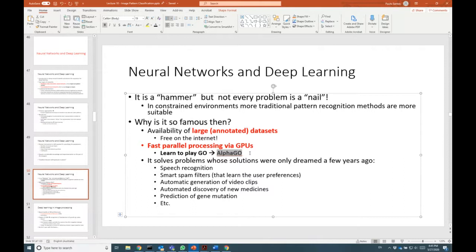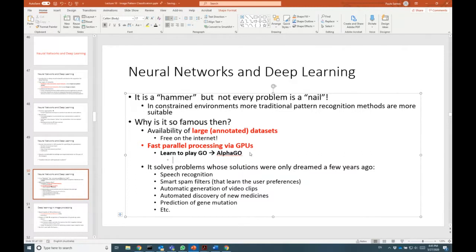They created this algorithm called AlphaGo that beat the world champion of this game. And in order to beat the world champion, it needed 64 GPUs running in parallel. That is a stupid amount of processing power that only Google could do.